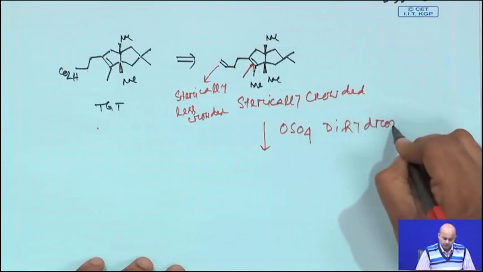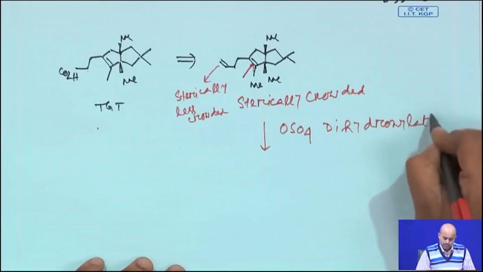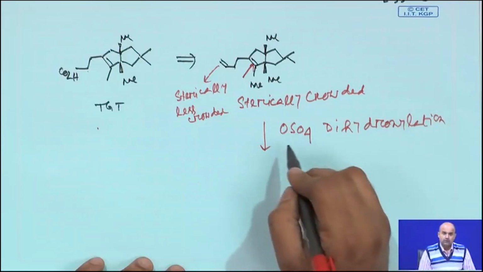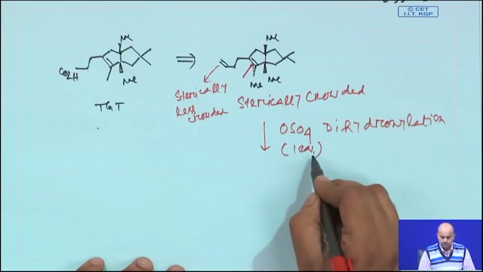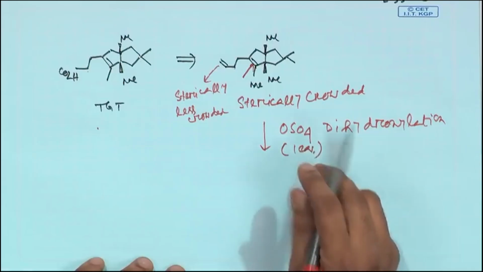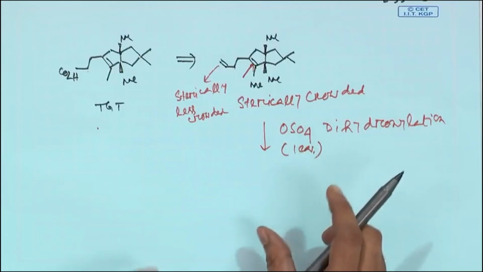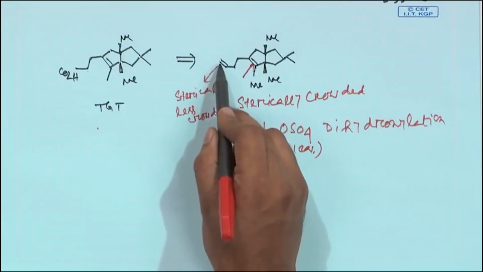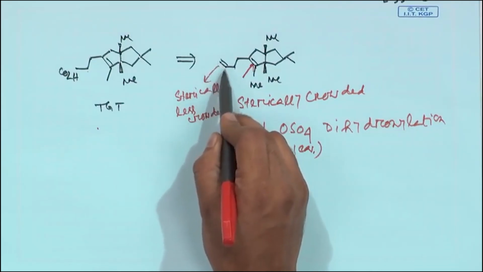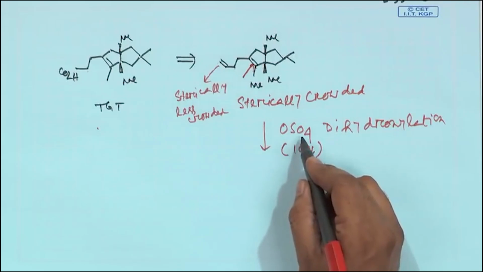You can control the regiochemistry if you use 1 equivalent of osmium tetroxide. The initial pathway goes through a cyclic osmium ester formation, and this cyclic osmium ester will prefer to form in a sterically less crowded environment. The point is you have to use 1 equivalent.